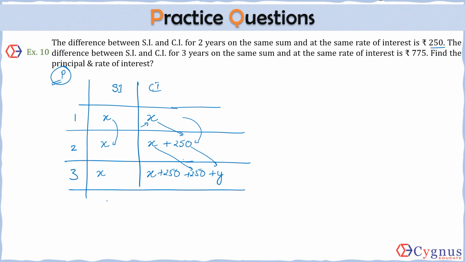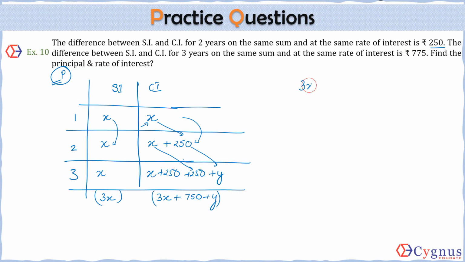So tell me what's the total simple interest generated here? I believe it's 3x. What about compound interest? It's x plus x plus x, that is 3x plus 750 plus y. And the difference of this compound interest and simple interest is already given in the question. How much? 775.